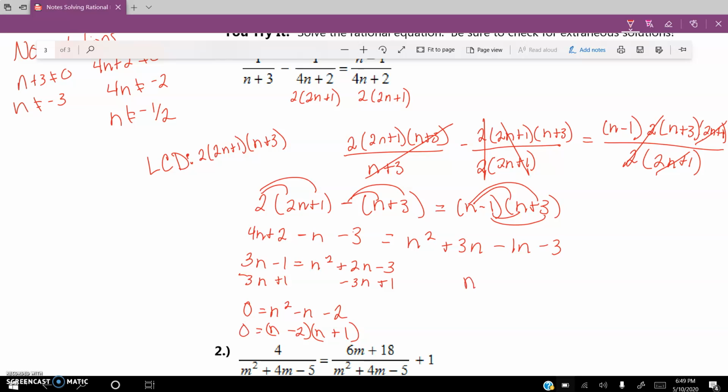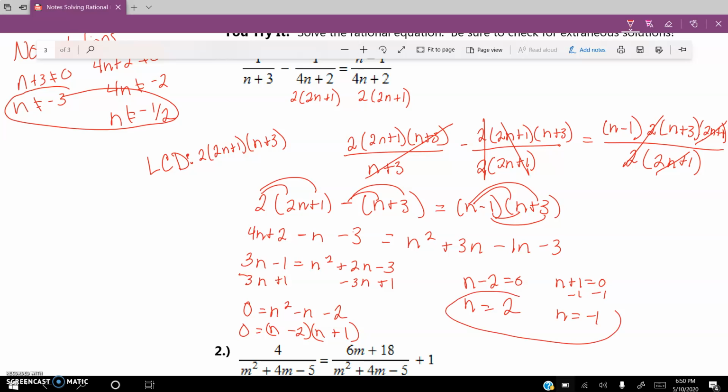Set each part equal to 0. Alright, so I have answers of 2 and negative 1. Double check, am I not able to be equal to those solutions? Nope. So I know these both will work for an answer. N can be equal to 2 and n can be equal to a negative 1.